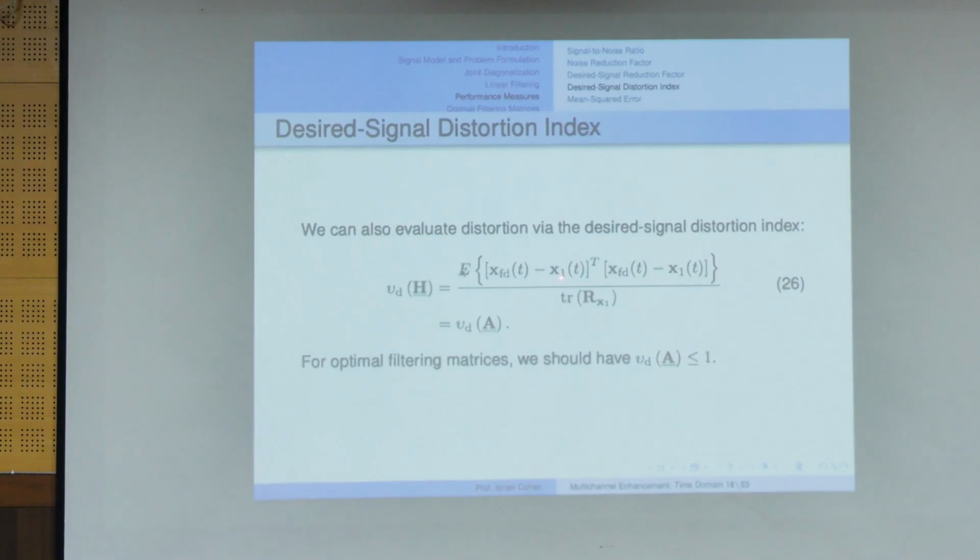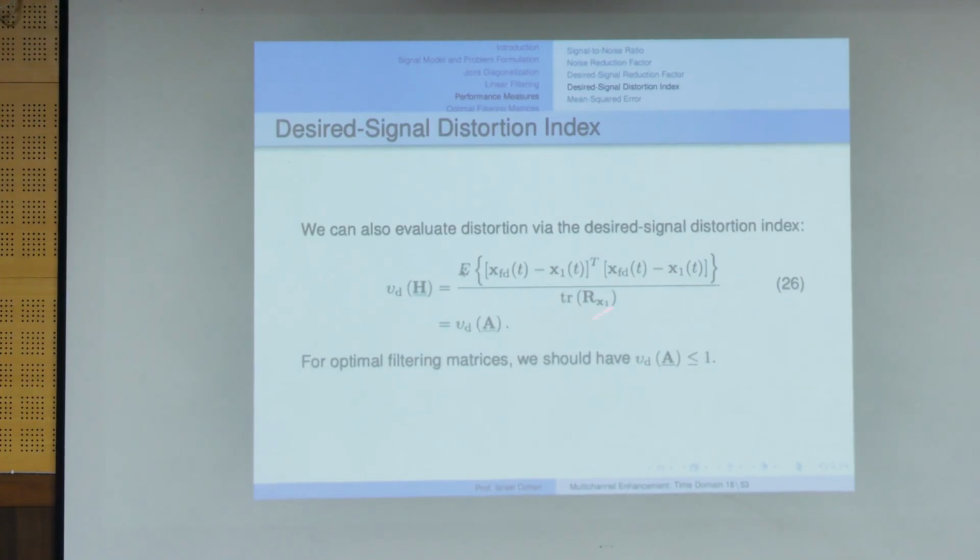So you see, this vector is what we want to estimate. This is what we get at the output of the matrix filter, but it contains two parts: one is the filter desired and one is the residual noise. So for the distortion, we just look at the difference compared to the filter desired, just like what we did with the single channel.